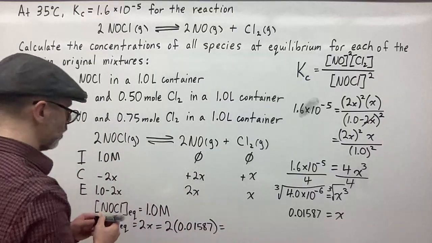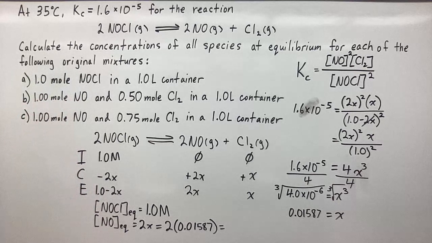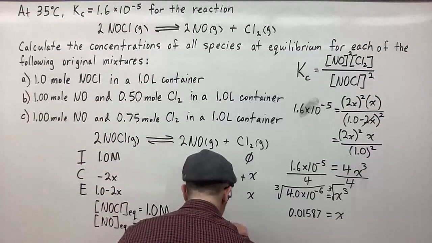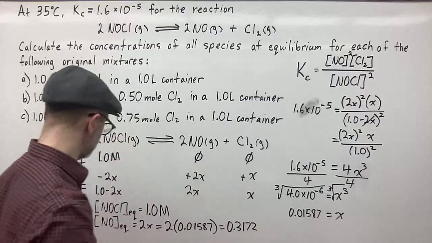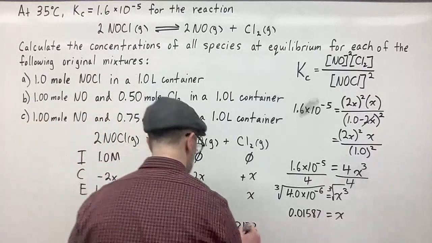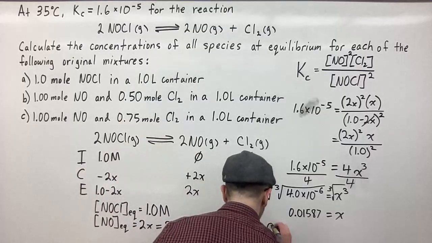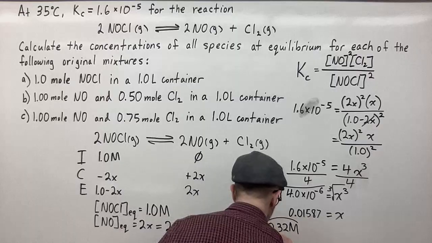And then if we calculate that, we get 0.3172, and if we round to 2 sig figs, because we originally started with 2 sig figs, that's going to be rounded to 0.32 molar.